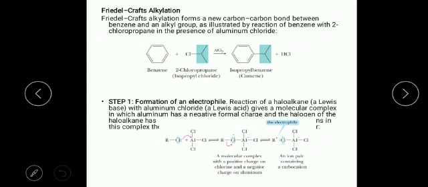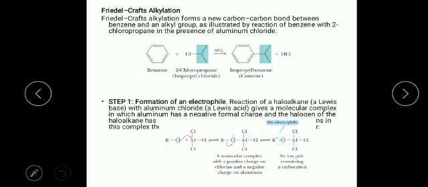Now come to the Friedel-Crafts alkylation. As its name represents, alkylation means an alkyl group is attached to the benzene by replacing the hydrogen. In Friedel-Crafts alkylation, you can see a new carbon-carbon bond is formed between the benzene and the alkyl group.